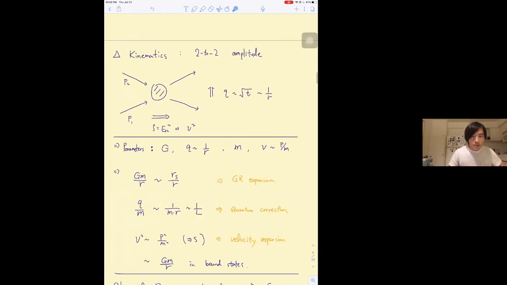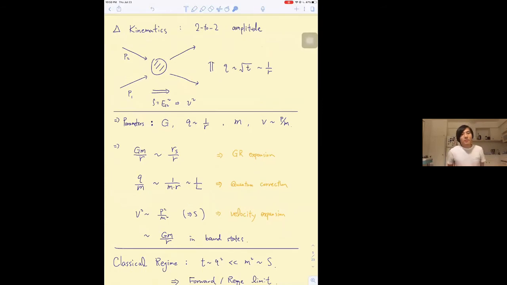So let's discuss this in slightly more detail. The basic object we want to study for this bound binary is the corresponding scattering amplitude, the 2→2 amplitude, or 4-point amplitude. In the simplest scenario, let's just consider two massive scalars. A 4-point amplitude, as we know, has the s and t parameters.